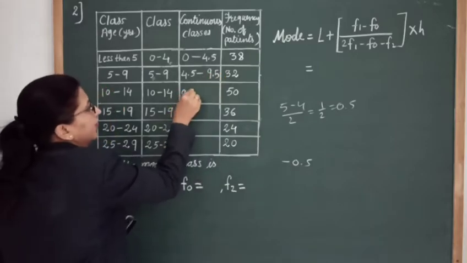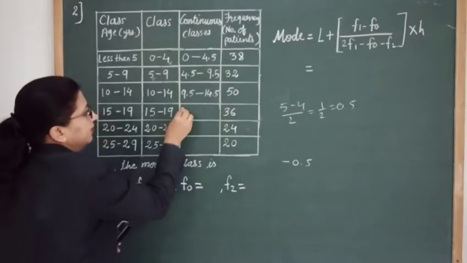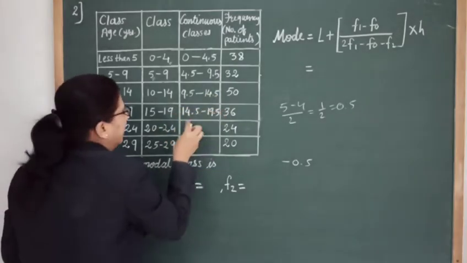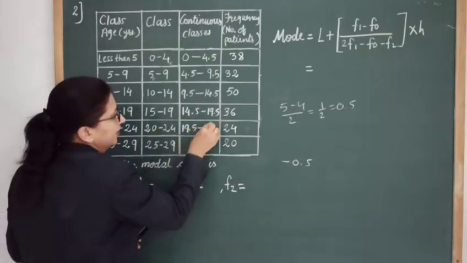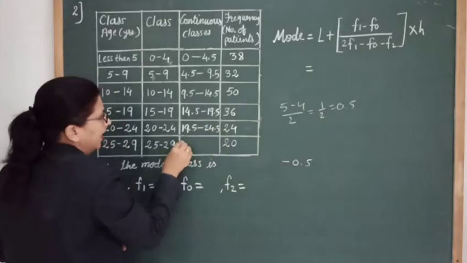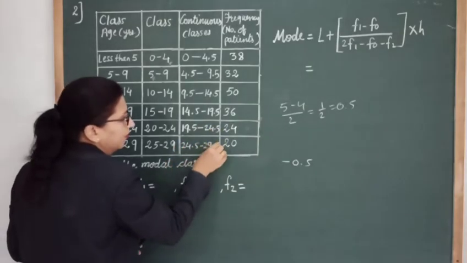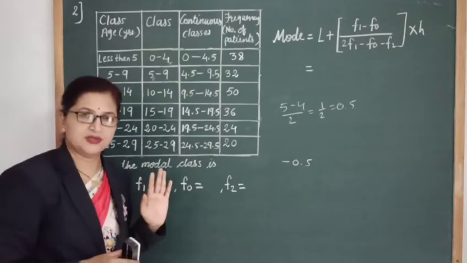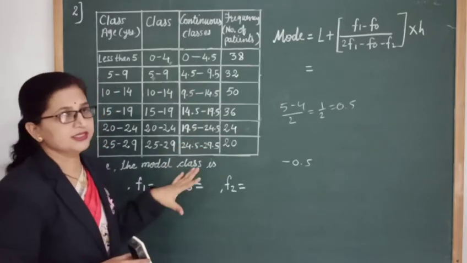Then 9.5 to 14.5, then 14.5 to 19.5, then 19.5 to 24.5. Okay, so in this way we made these classes continuous. Okay, so here the frequency is already written here.